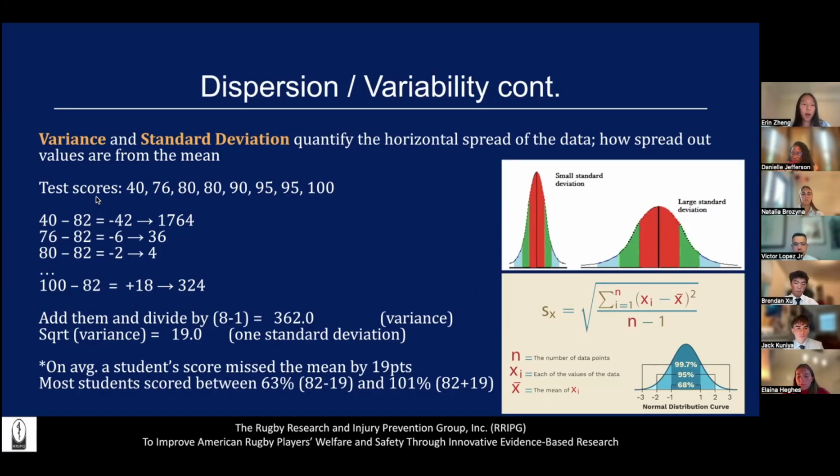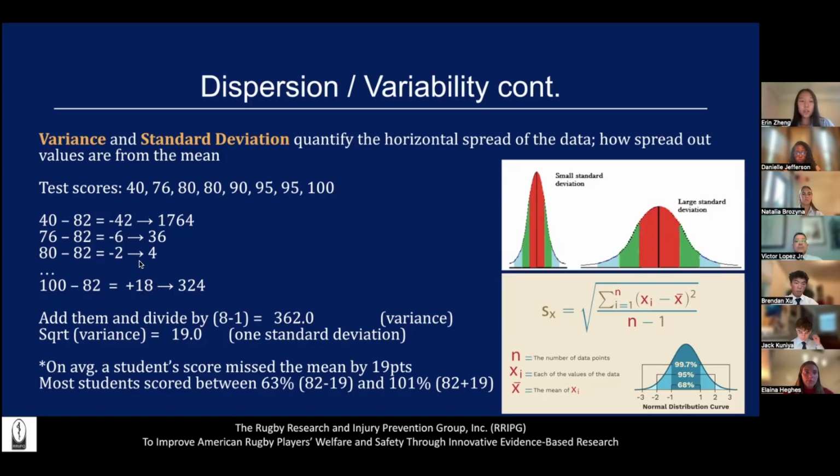So I'm going to go back to our example test scores data and walk through how to calculate the standard deviation. First, you take all of the individual data points. I couldn't list all of them out here, but these are just the individual test scores. Then you subtract the mean of the data set from each one. You can see that some of these values are negative and some are positive.